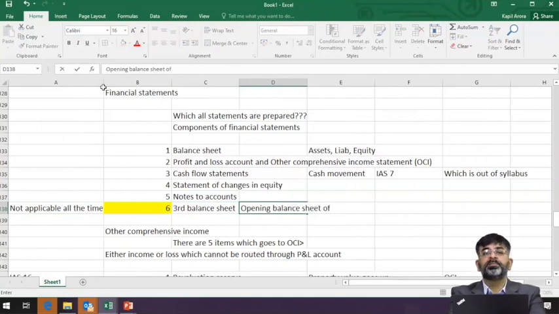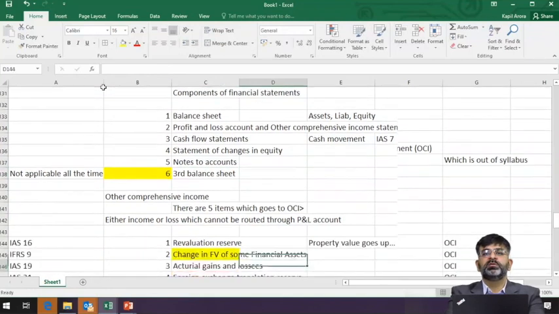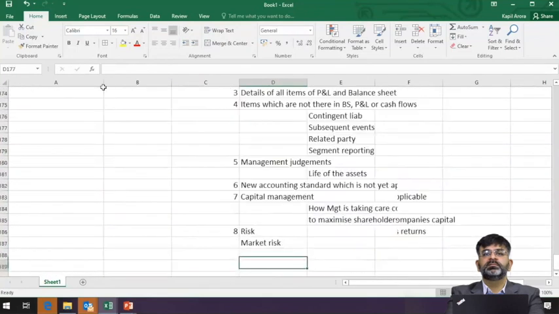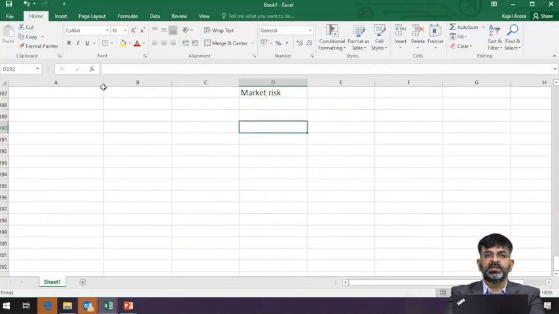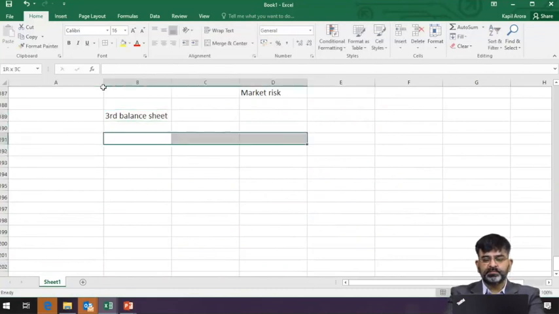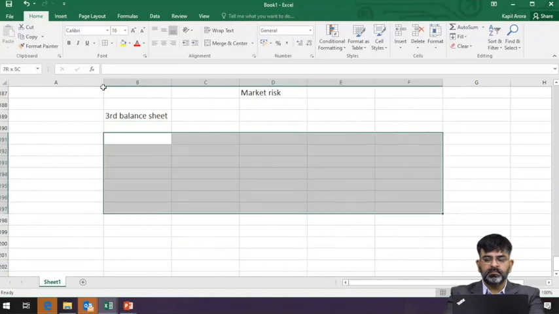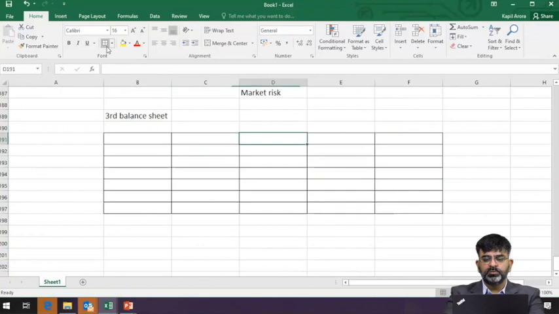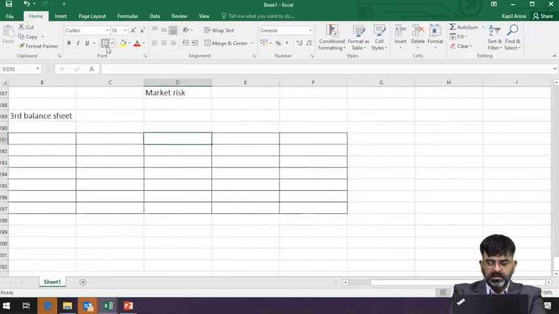Let me show you how it will be done. If we are presenting the balance sheet, let's assume for 2018-19, then you have to present the numbers not just for this year, the current year.